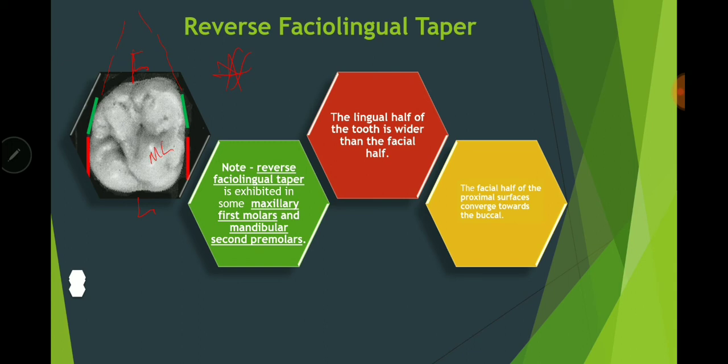Another way of saying reverse facial lingual taper is lingual to facial taper. Instead of facial to lingual, this is lingual to facial, because you are going from the lingual to facial, and they're going to converge this way. So lingual facial taper or reverse facial lingual taper.